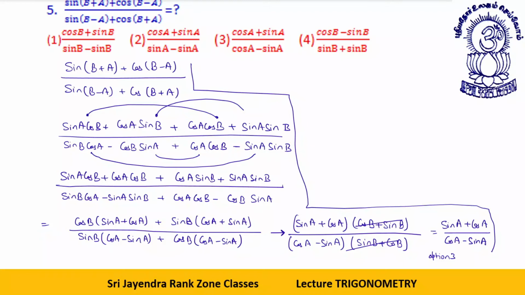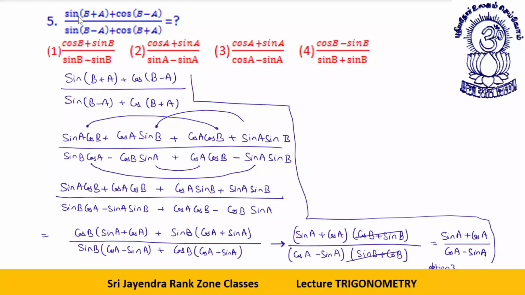Now, the best method to solve this question is this. You have sin(B plus A) plus cos(B minus A), divided by sin(B minus A) plus cos(B plus A), something like this. What I will say is, put this B as 0.